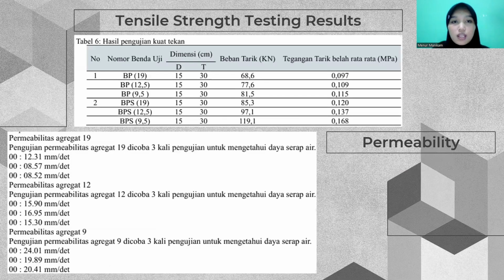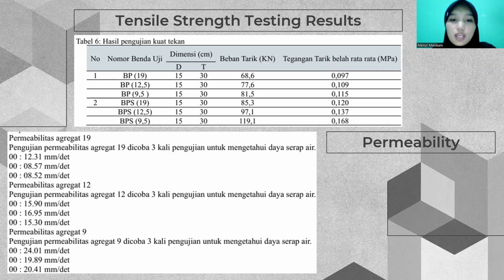And next are the tensile strength test results. Based on the data from the splitting tensile strength test of porous concrete that has been carried out, it can be seen that normal porous concrete has increased the average stress in the splitting tensile strength using superplasticizer added material.